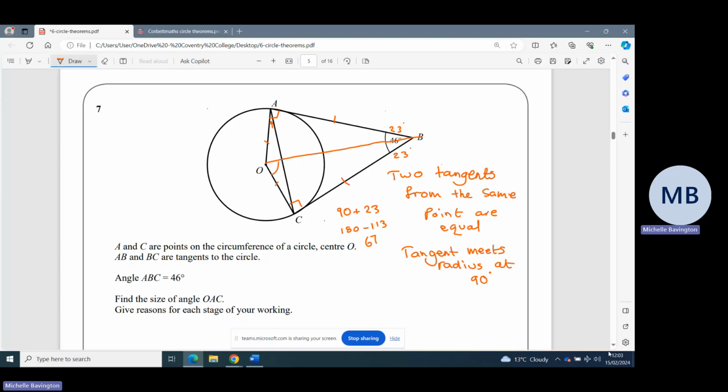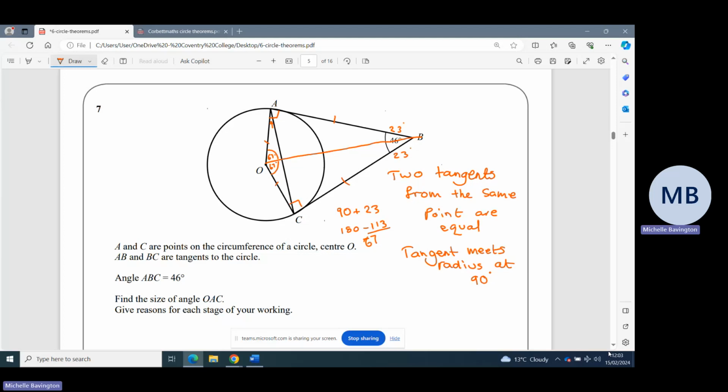So I could find that is 67, and then that would be 67. Leaves me 67.